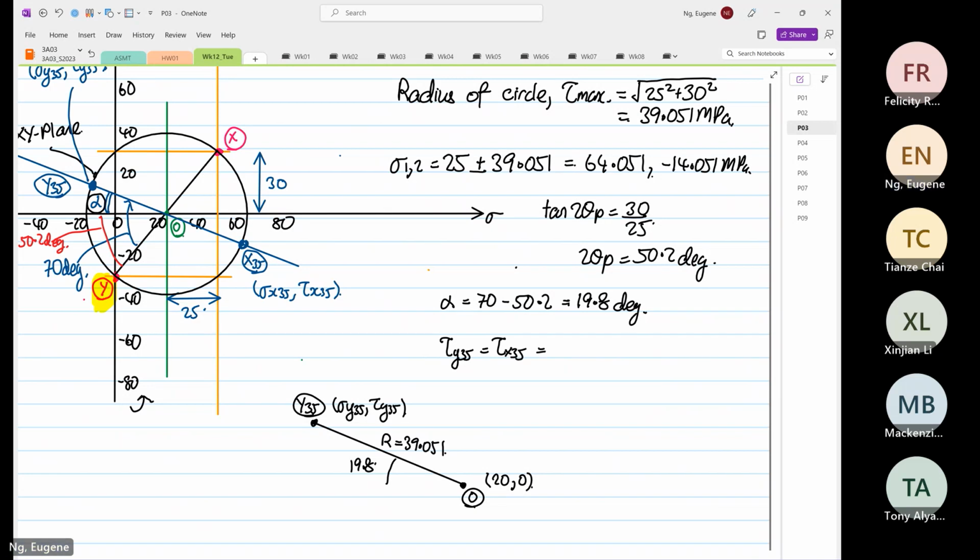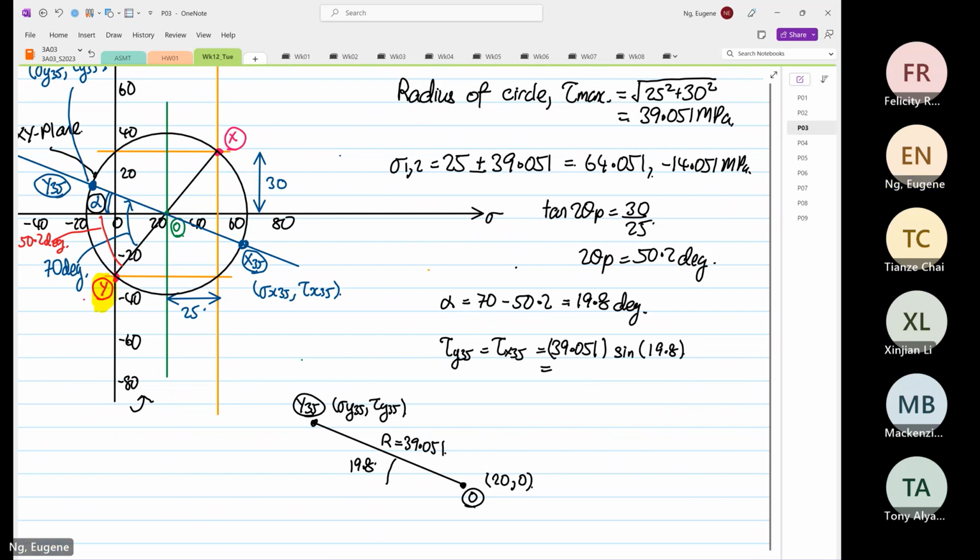So this will be equal to 39.051 multiplied by sine of 19.8.